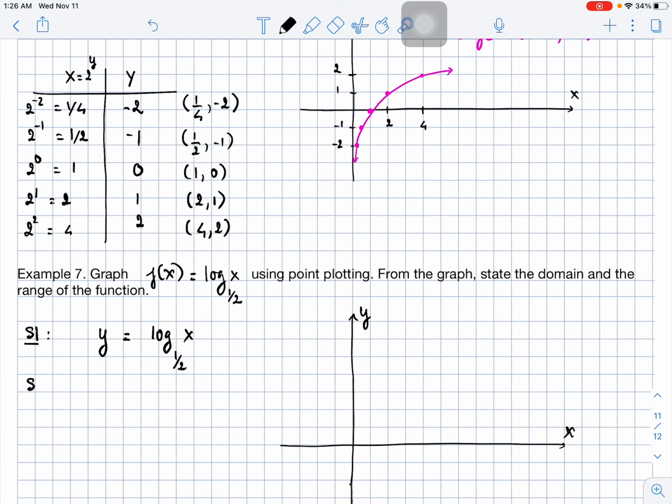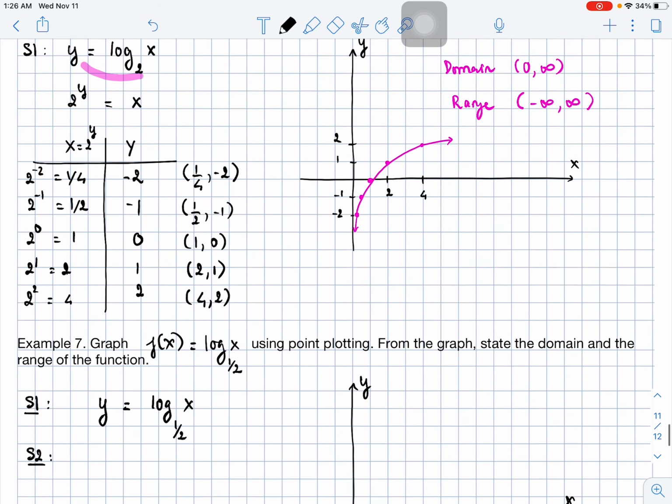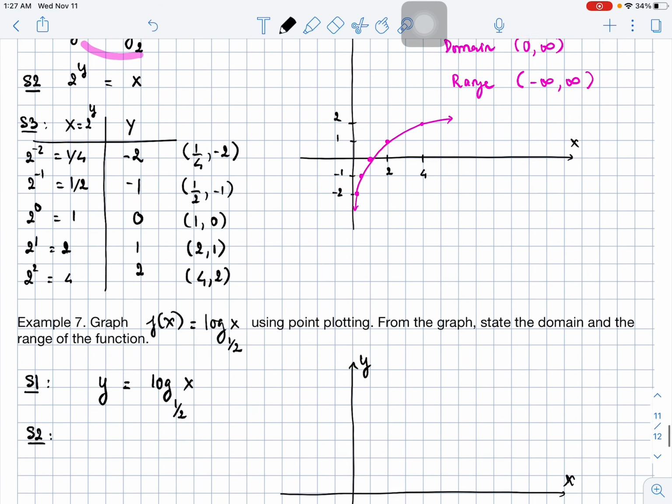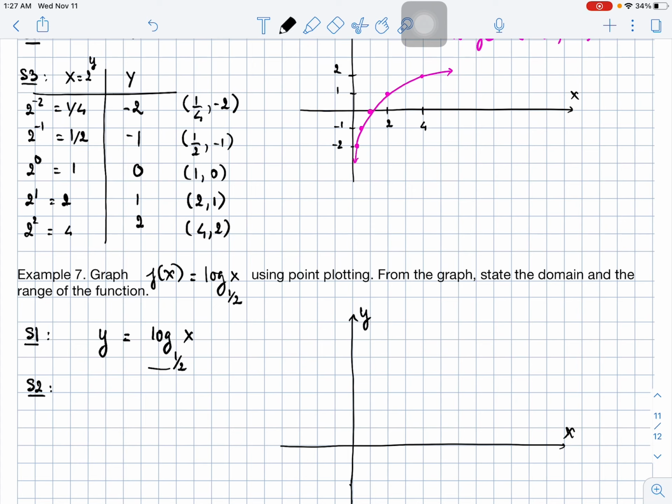And then step number 2, we rewrite it as the exponential equation. So it is not 2 to the y, but 1/2 to the y equal x.